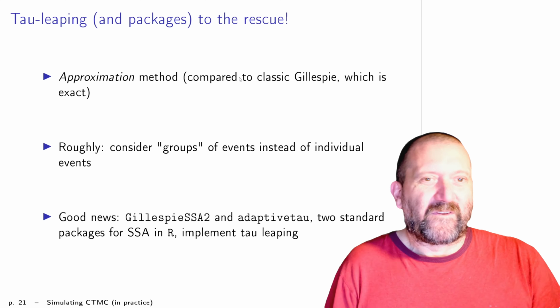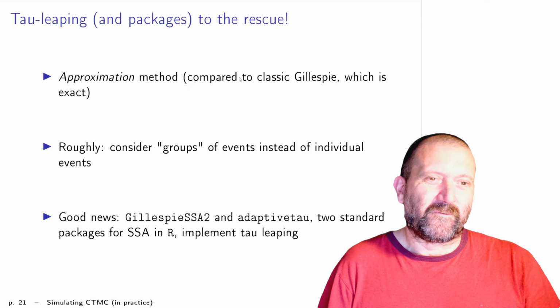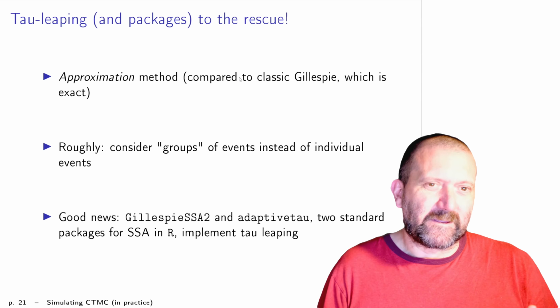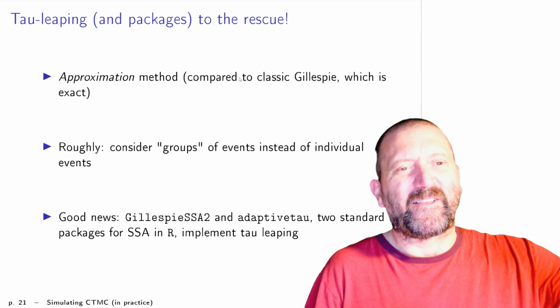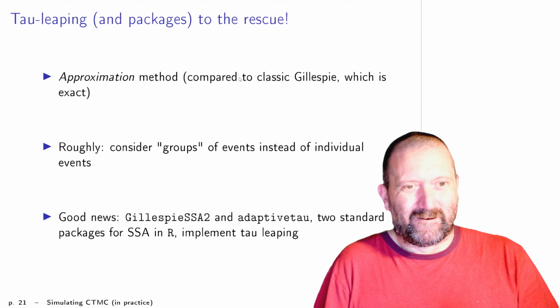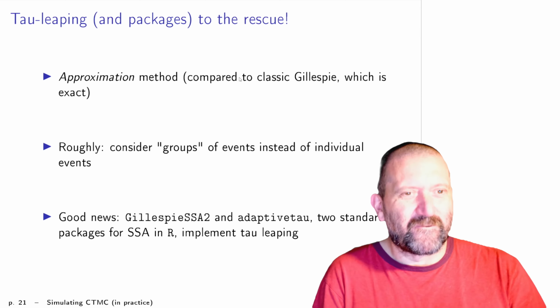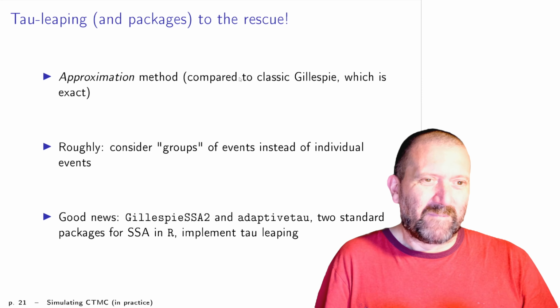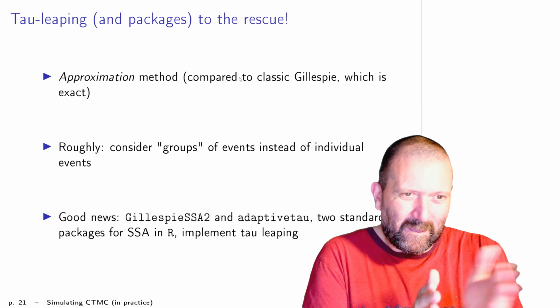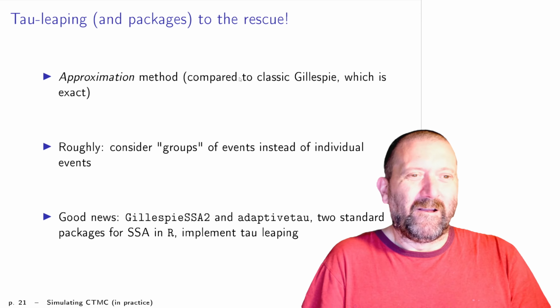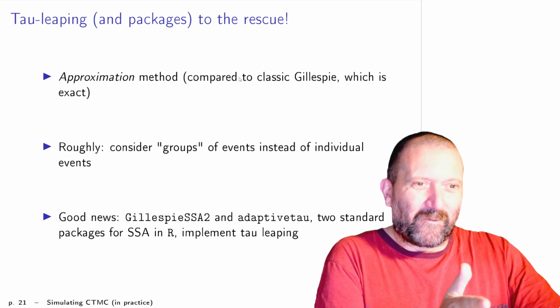The tau leaping method, I'm not going to go into detail, but roughly the idea is that instead of considering single events, you can group things, and you essentially ensure that time moves forward by considering not a single event to jump forward in time.